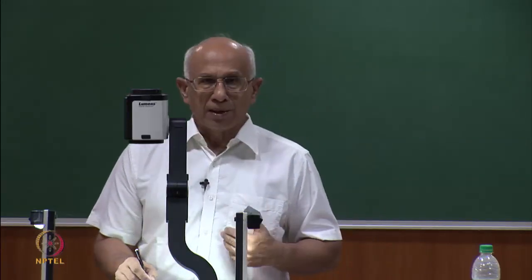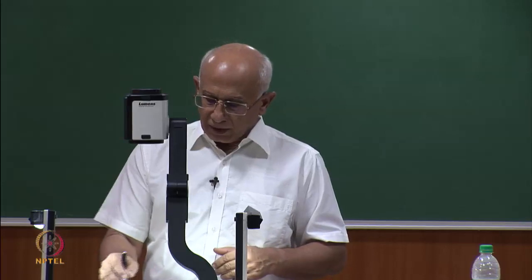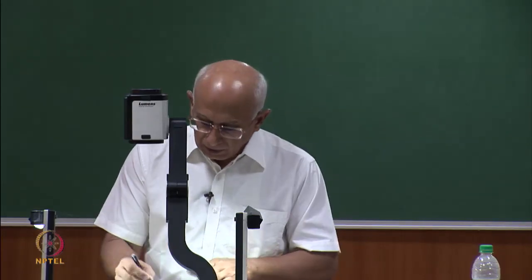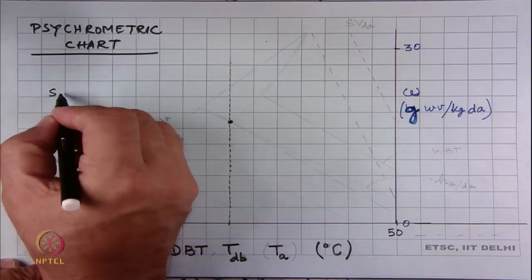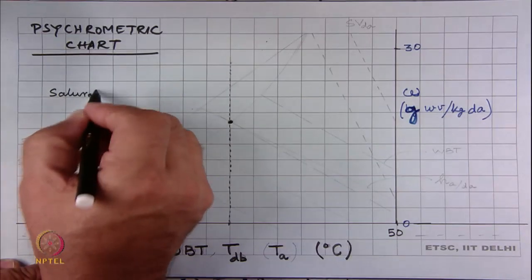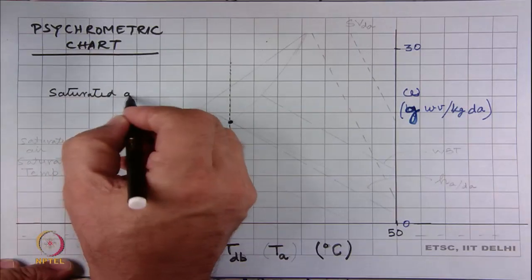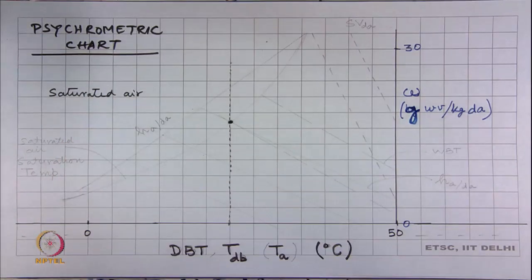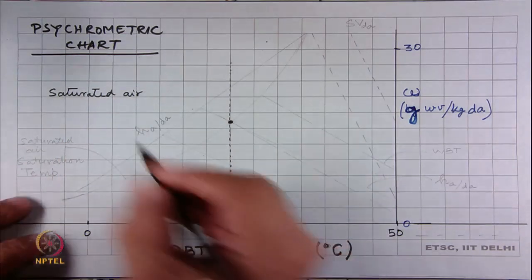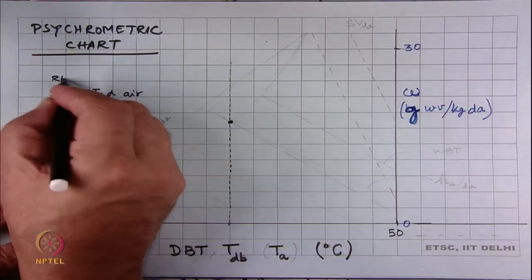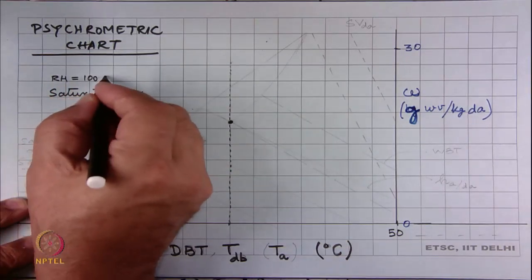So, there is an upper limit to which this line can go, and that limit we can say is here, where air is saturated. And when we say air is saturated, it means that at this point relative humidity is 100% or phi is equal to 1.